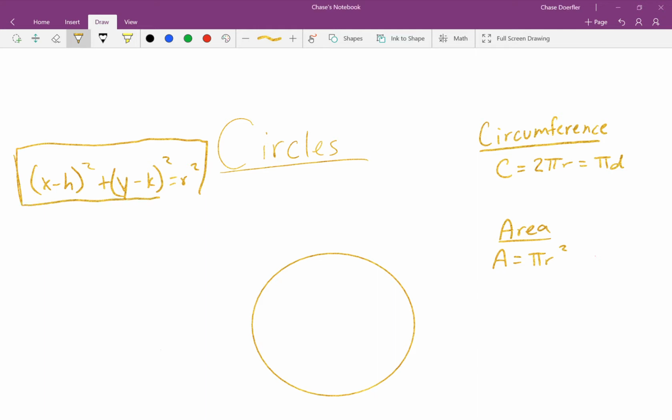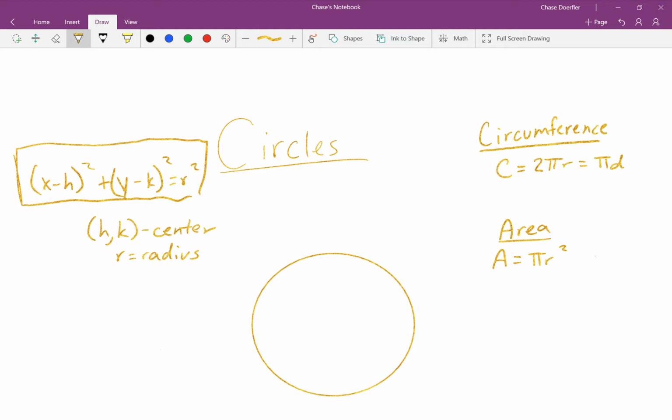And the point (h, k) is the center, and r, as you probably know, is the radius.